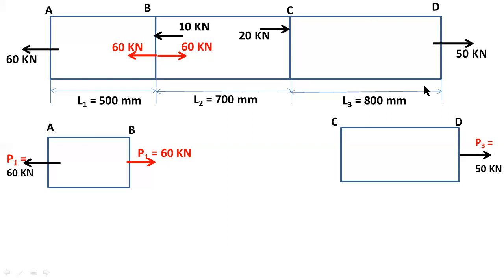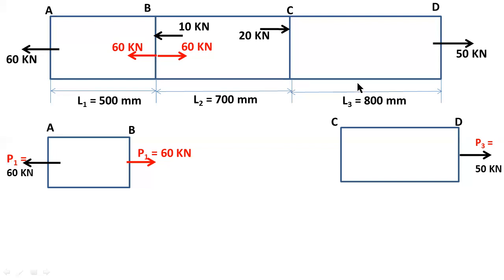P3 is the load acting on section 3. Here also we need two equal and opposite loads on the CD bar. One load is in the right side direction, 50 kilonewtons, but the other load is 20 kilonewtons. These two are not equal, so I need equal and opposite forces.